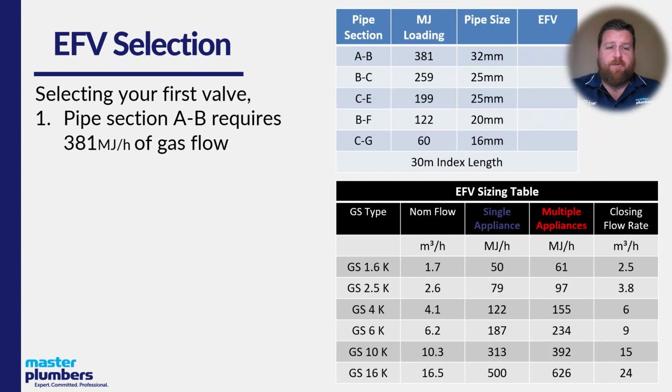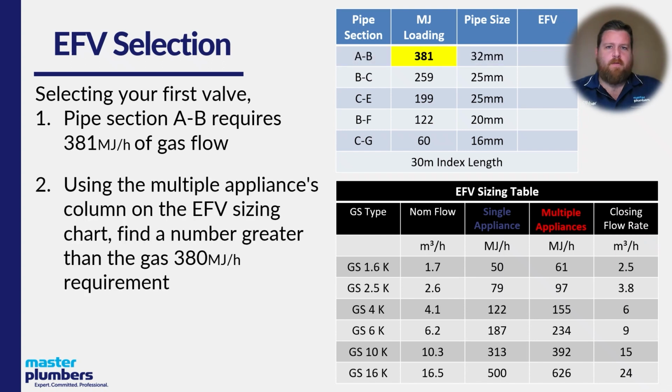So let's have a look at sizing our excess flow valves or selecting our valves. For pipe section A to B here, as we've already said, we have that 381 megajoules and a pipe size of 32 mil. So taking our 381 megajoules, we're going to go down the multiple appliances column because we know the pipe section A to B has multiple appliances, and we're going to find that 392 megajoules, which is greater than our 381.